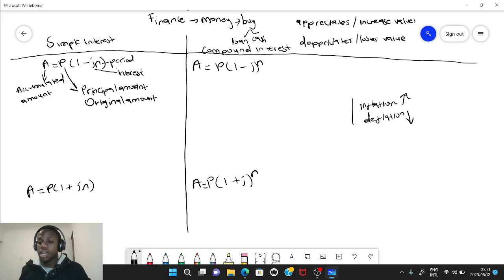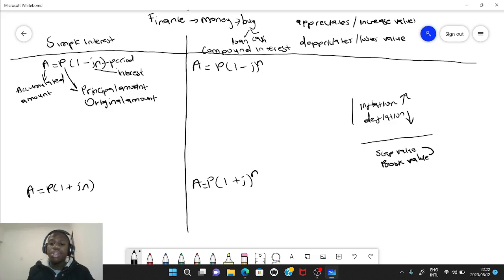The same thing happens whenever we're dealing with what we call a scrap value or a book value. I want you to note the technique used to calculate this is the same. You are going to use the same formula to calculate the scrap value or the book value. The difference between the two is that whenever something is on scrap value, it simply means that thing has no life, right?